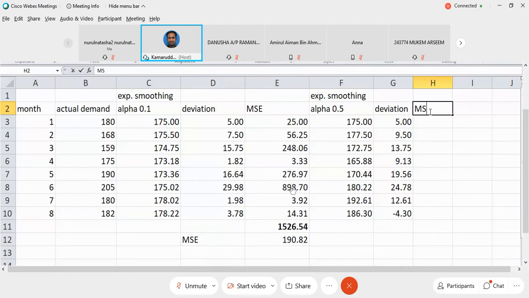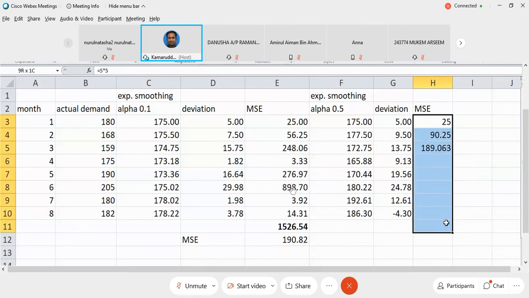So 5 multiplied by 5, we have 25. 9.5 multiplied by 9.5, we have 90.25. Right. So 13.75 multiplied by 13.75, we have 189.06.